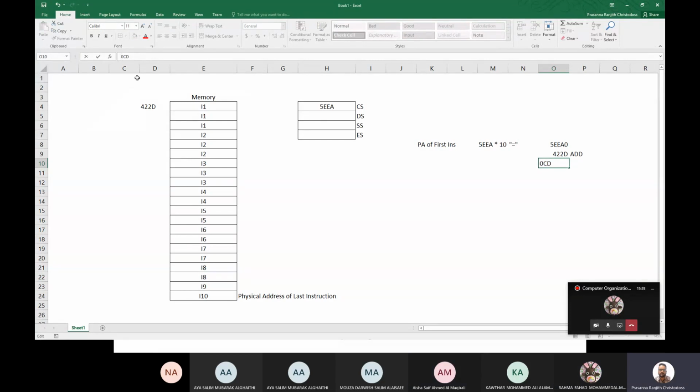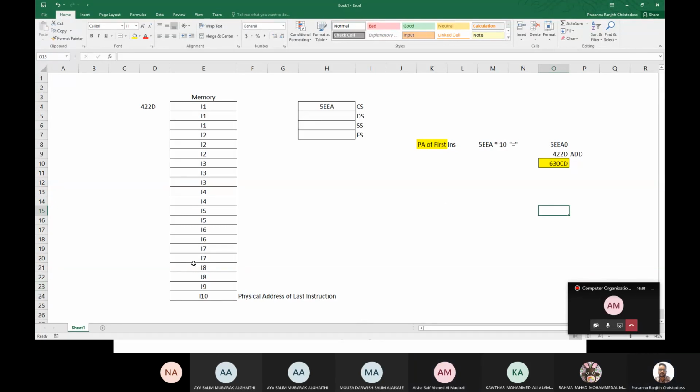So 1, 2 plus 1 you already got 3. It will be 3, 1 remaining, 4 plus 1 is 5. Is the addition correct? Can you check? Sorry, it should be 6, right? So 630CDH. Is this answer correct?